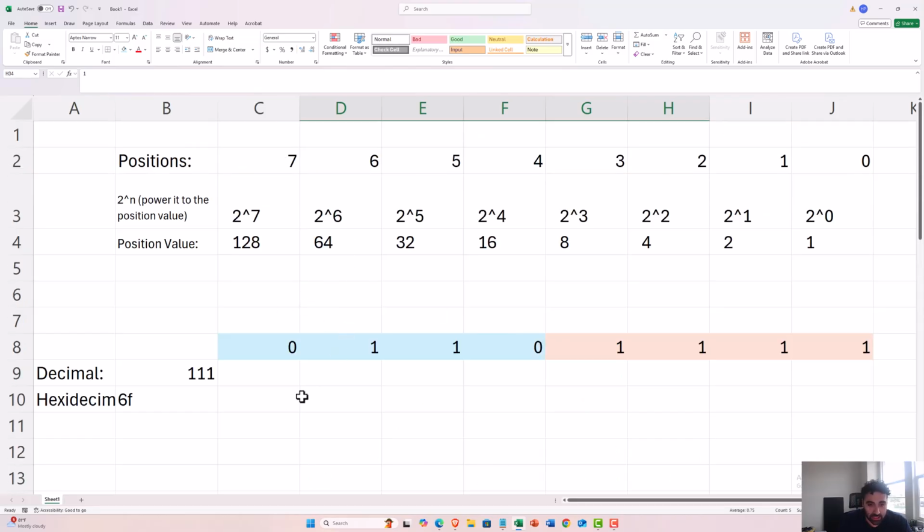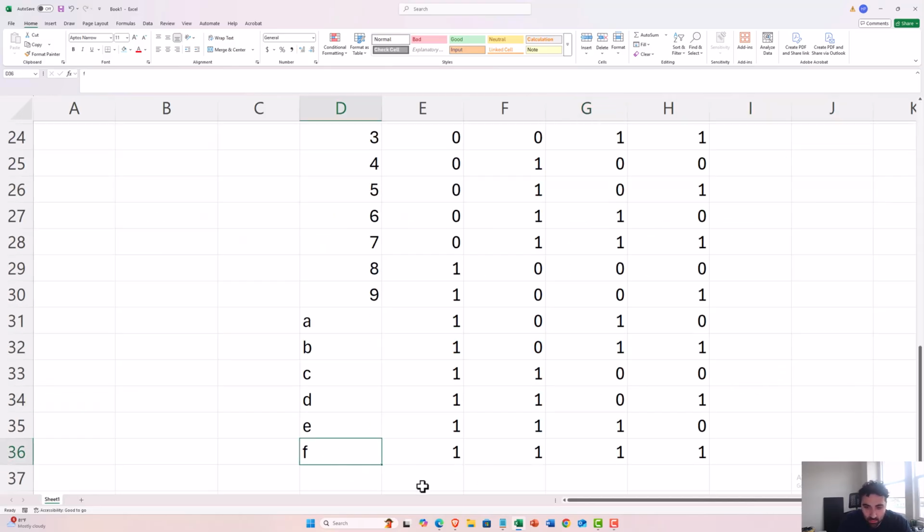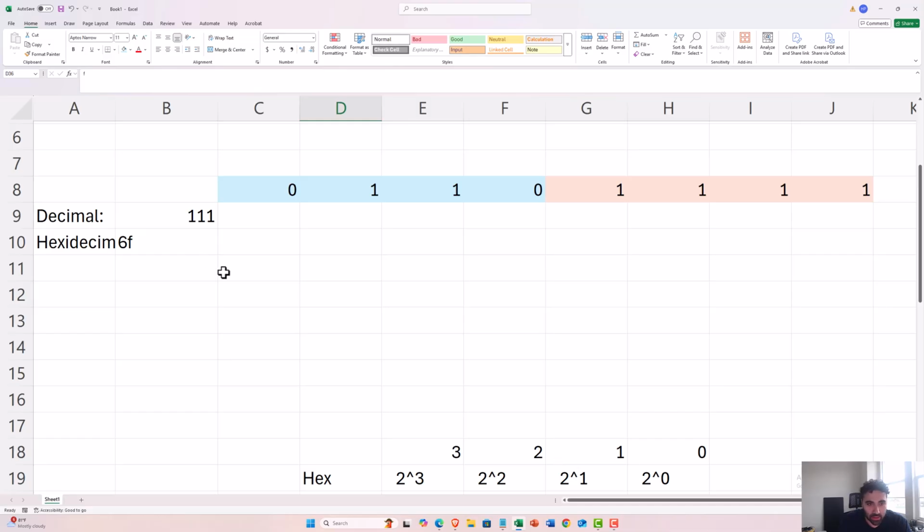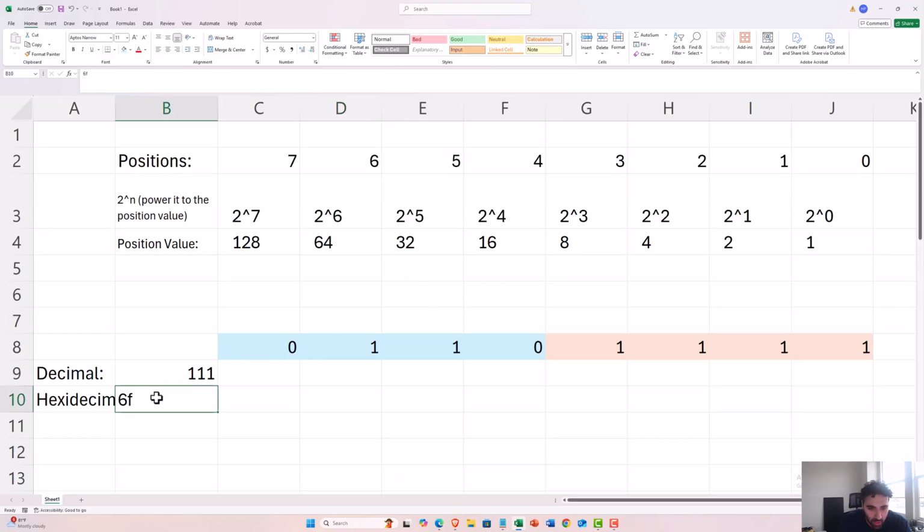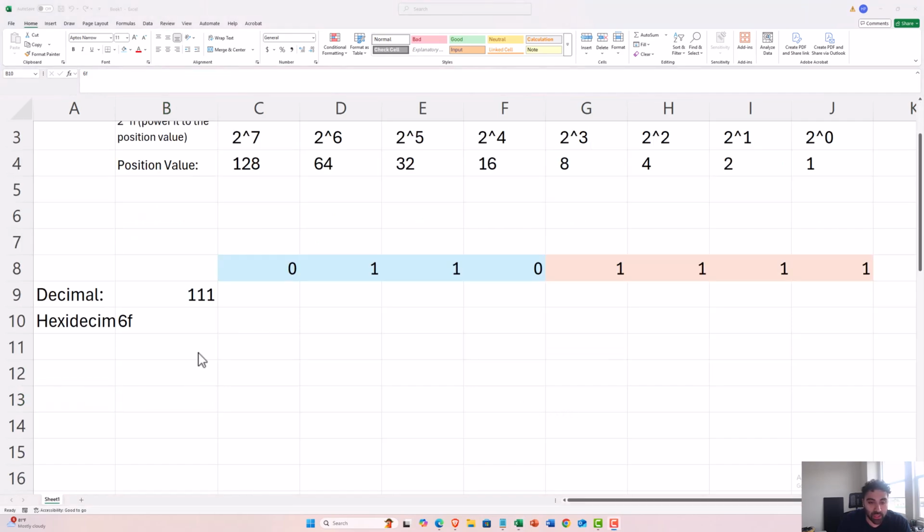It doesn't change. So when we're converting binary into hexadecimal, we look at 4 bits at a time. We take a look, all right, 1111, it's F. Then we take a look at this, 0110, it's 6. So it's 6F. And when you're converting, you start left to right, first half and then second half.